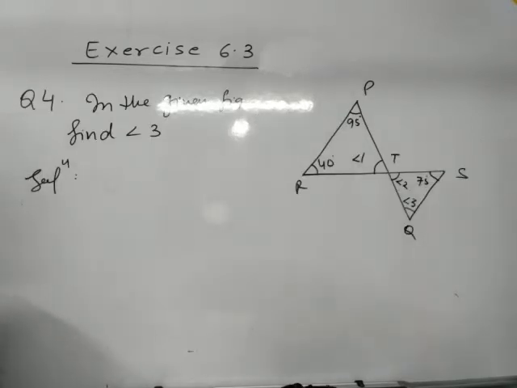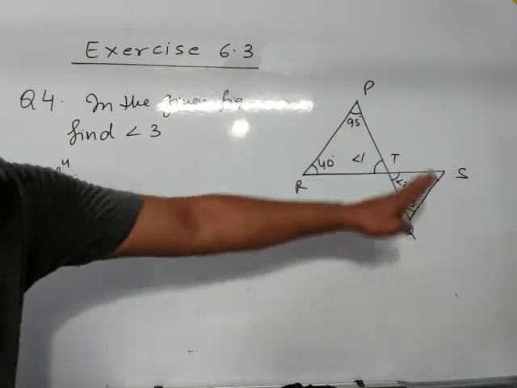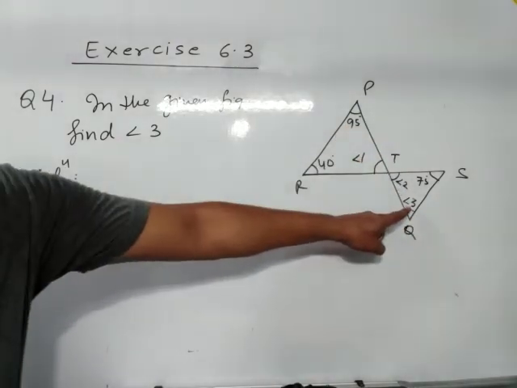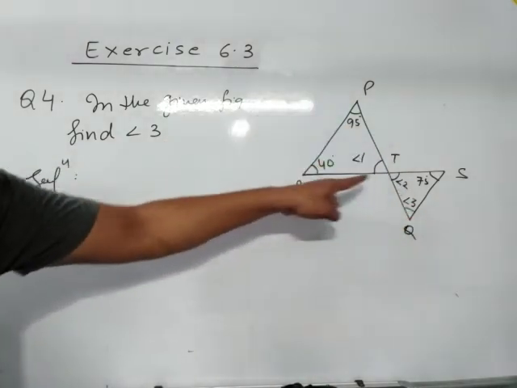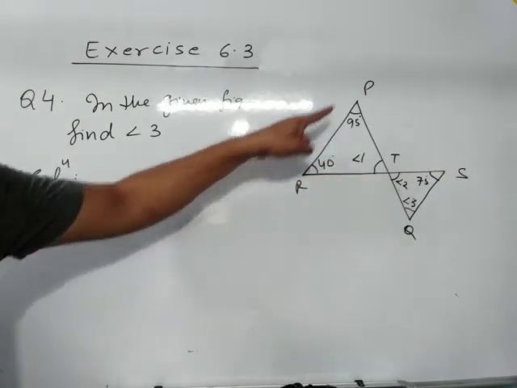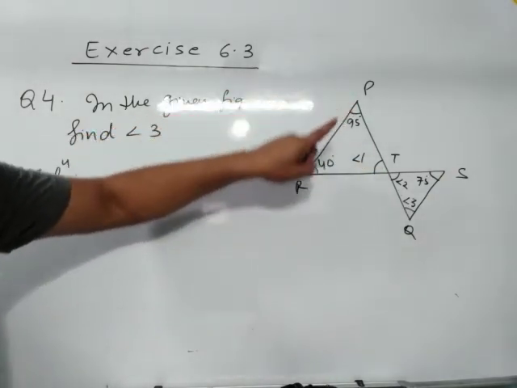Now come to question number 4. It is a very easy question. In this figure, we have to find the value of angle 3. In triangle PTR, this angle is 95, this angle is 40.